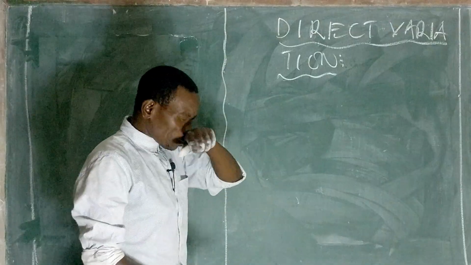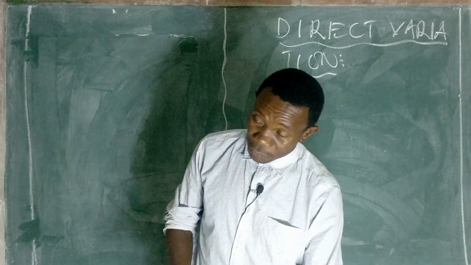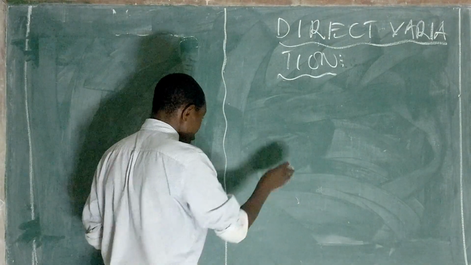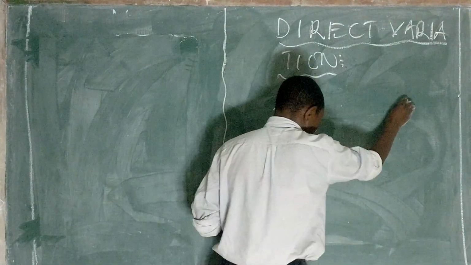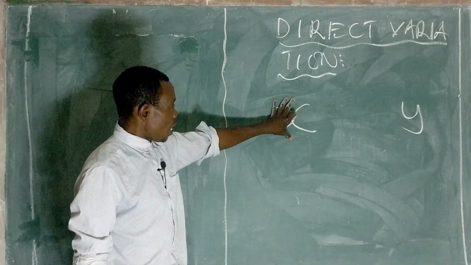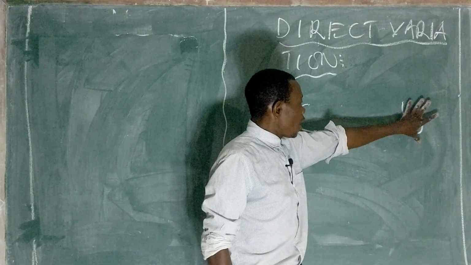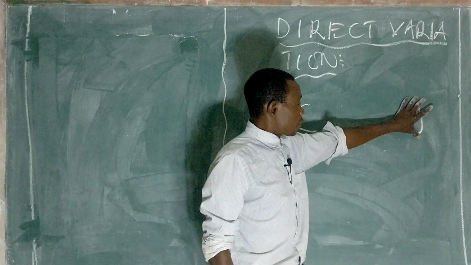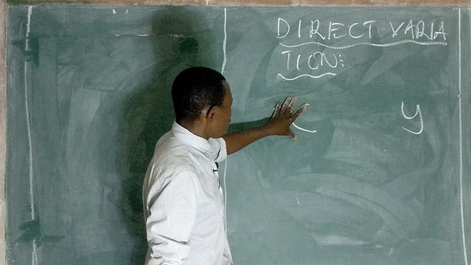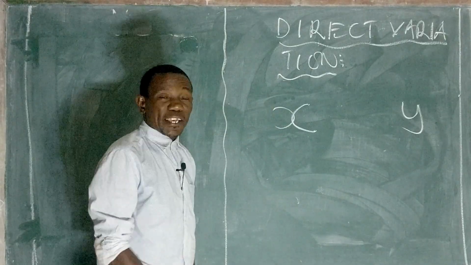To make it simple, when we say quantities vary directly, we are looking at, for example, one quantity X versus quantity Y. What happens is that a change in X affects the other quantity, quantity Y. So how this one changes and how it affects Y, that determines the direct variation.